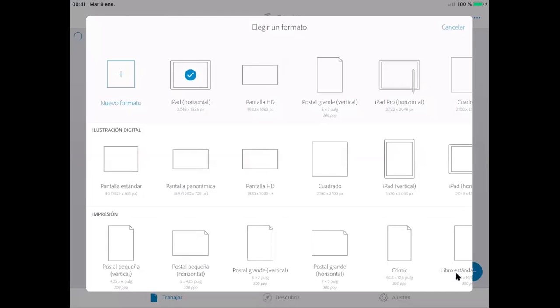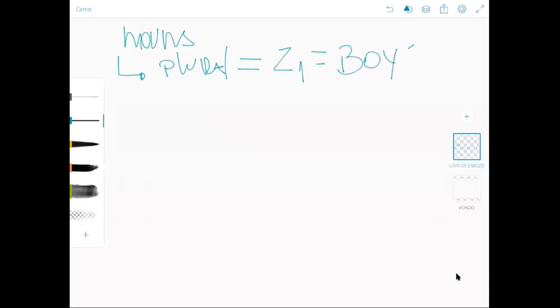¿Sí? Revisemos. Entonces, lo primero que decimos es que los nouns, they got inflectional suffixes, right? At least 2 of them. The very first of them is for plural form, and that is to say Z1, like in, for example, boys, right?